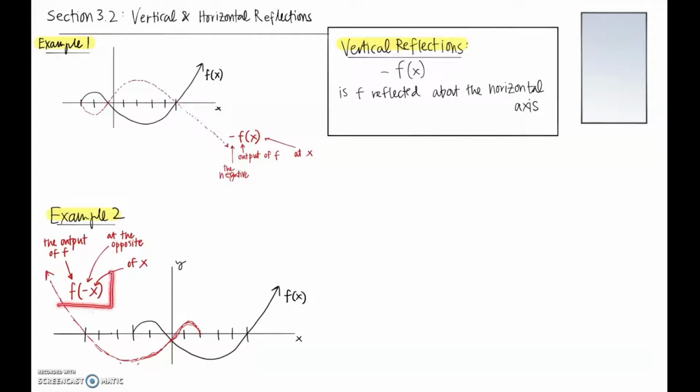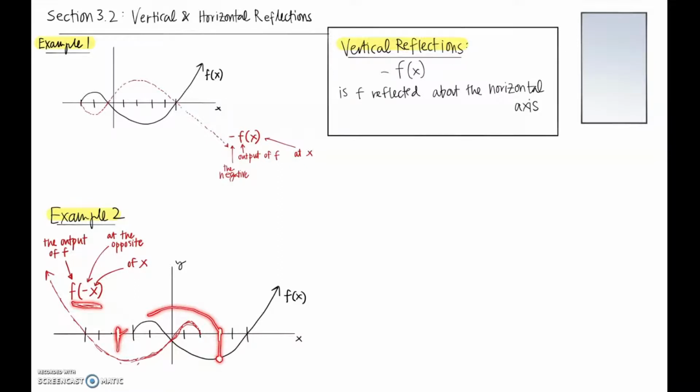So this new function, you could call it g of x, you could call it some other name. It's taking the output of f at the opposite of x. So any value along here, say -3, this new function says, okay, to find my value, I'm actually going to hop on over to the opposite x value and find out what f's doing at that point.